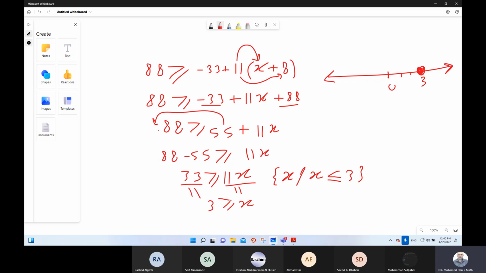And the value of x less than 3 means before 3. Means 2, 1, 0, negative 1, negative 2. The direction will be to the negative side. Who has any question here? No questions?